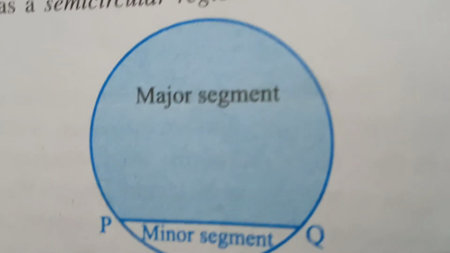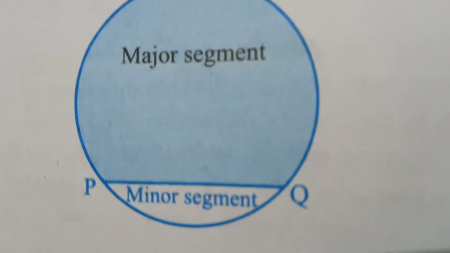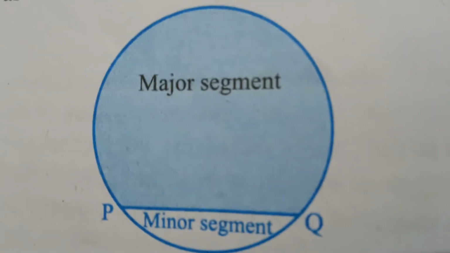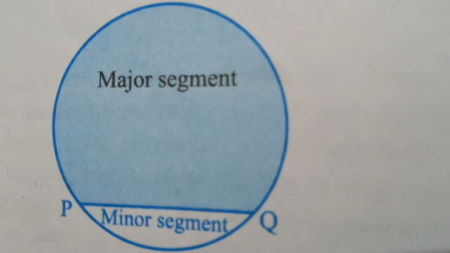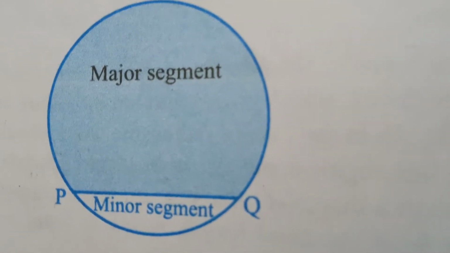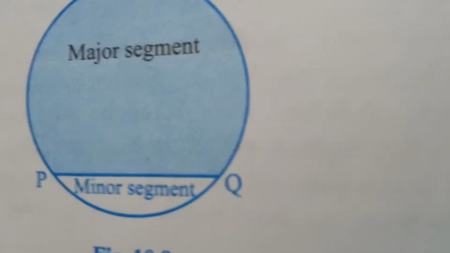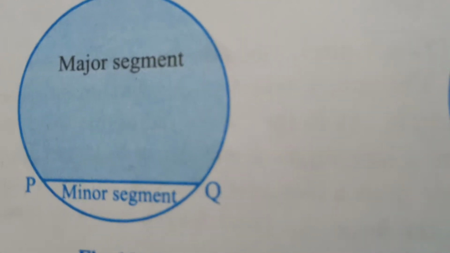If the arc is minor, the region between the chord and the minor arc is called the minor segment, and the region between the chord and the major arc is called the major segment.